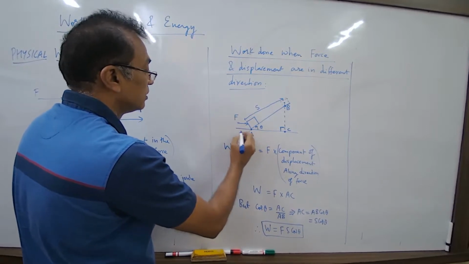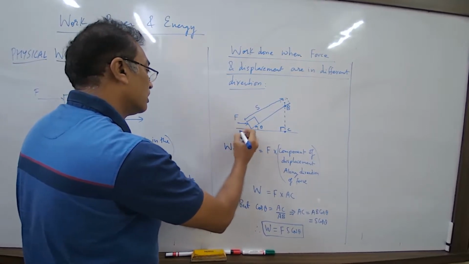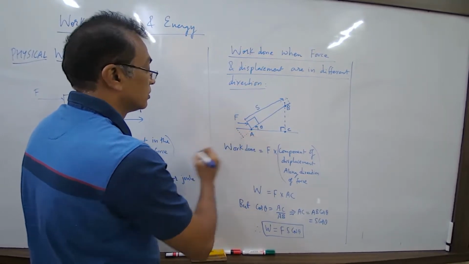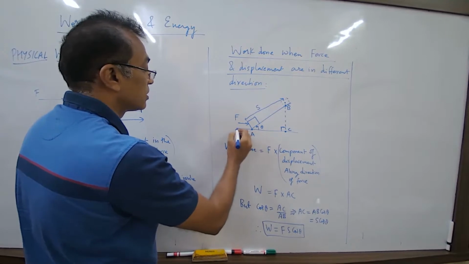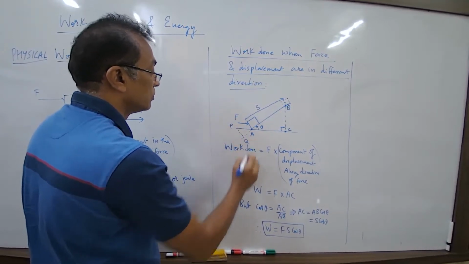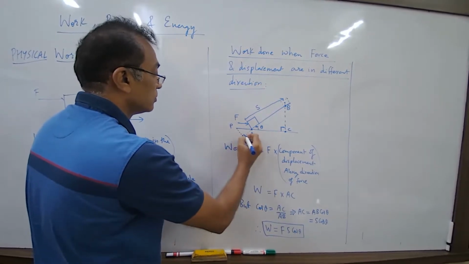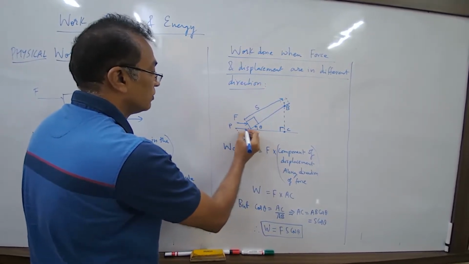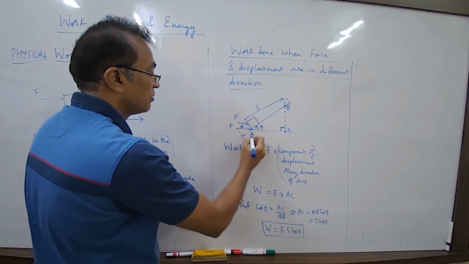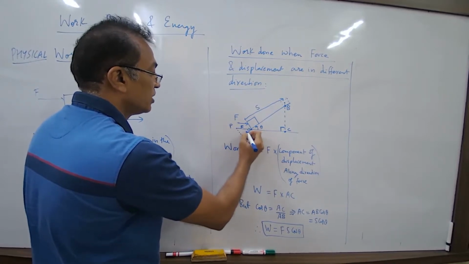So this was my force. And then I can drop a perpendicular over here. Let's say I'm calling this PQ. So if this was my force, E is representing force and this is the vertically opposite angle, so it is theta.